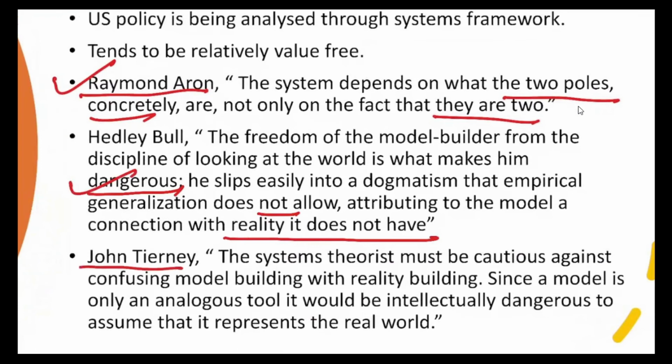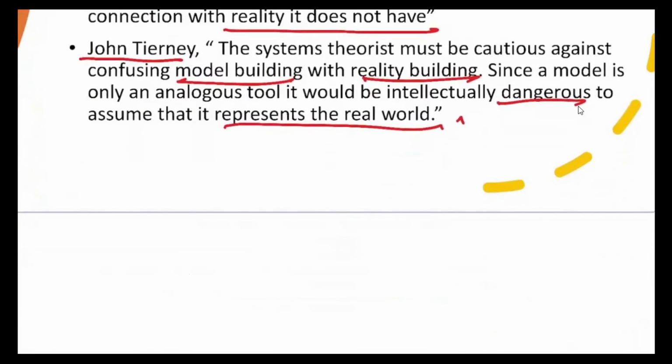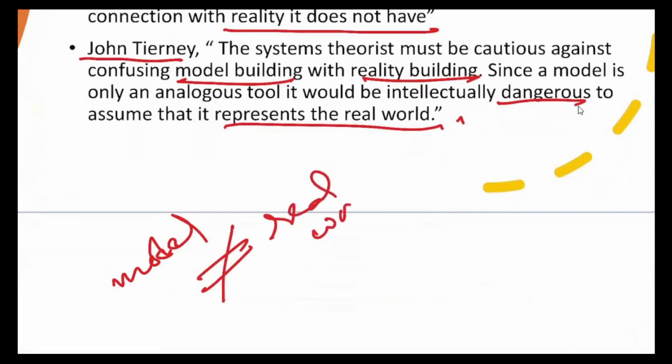And John Turney says the systems theorist concludes that he must be cautious against confusing model building with reality building. Model building is not the same thing as reality building. Since a model is only an analogous tool, it would be intellectually dangerous to assume that it represents the real world. So this criticism is about the model not being equal to the real world.